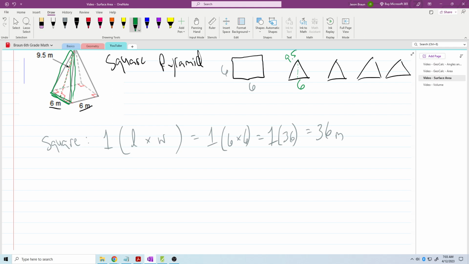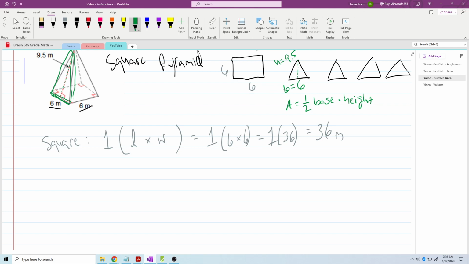Now we've done, once again, areas of 2D shapes. We know intuitively that the area of a triangle is 1/2 times base times height. And I'll make it a little more clear here. We're saying our base is 6 and our height is 9.5. Okay, that's it. They're all the same now.